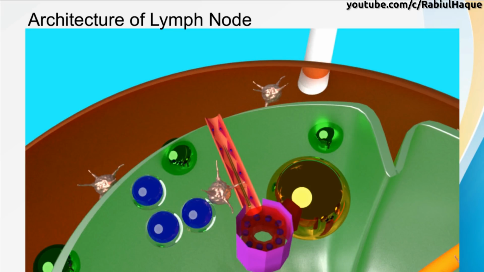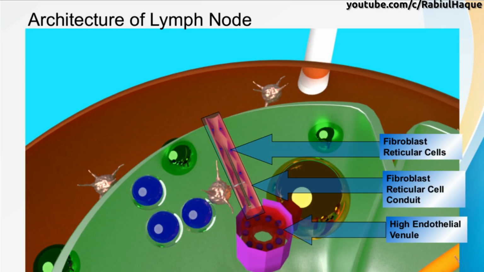So in this image, we can see the high endothelial venule. We can also see the fibroblast reticular cell conduit, and we can see that the conduit is lined by fibroblast reticular cells.